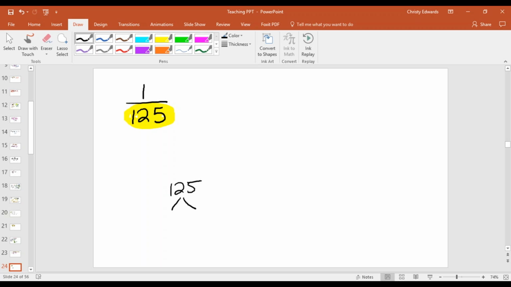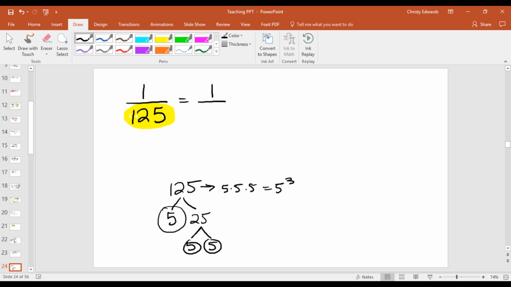I think of 125 as 5 times 25, 5 quarters. I think $1.25 is 5 quarters. 5 times 25. So the 5 is prime, 25 keeps going. 25 is 5 times 5, so 125 is 5 times 5 times 5, which could be written 5 to the third, right? So 1 over 125 could be written as 1 over 5 to the third.